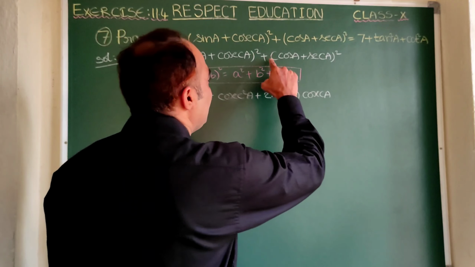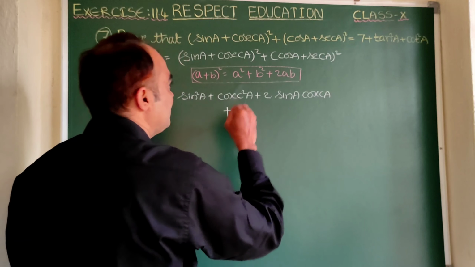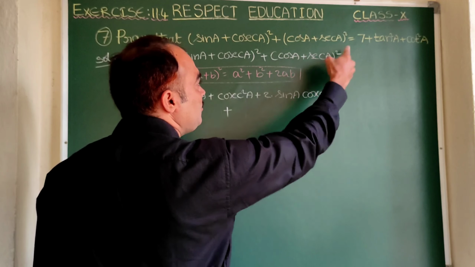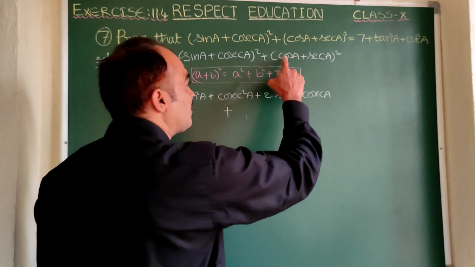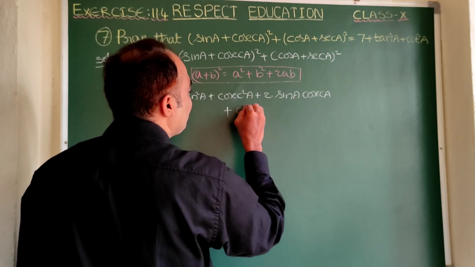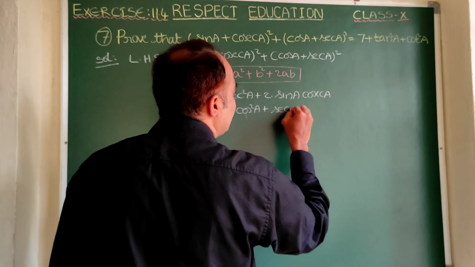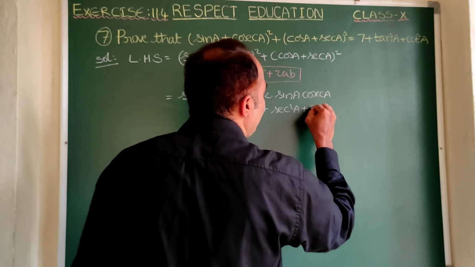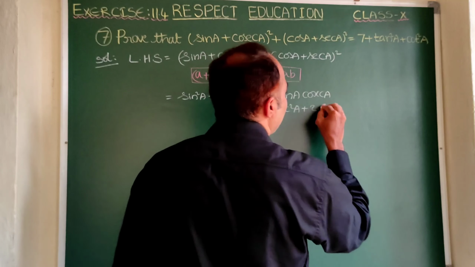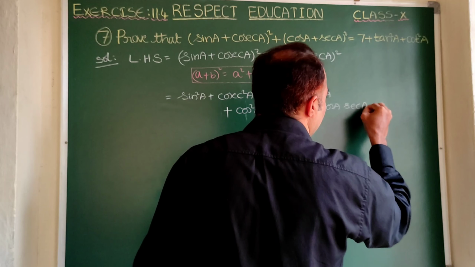In the same way, as I do not have place here, I am expanding here. Plus, this one is also (A plus B) whole square. In place of A, cos A, in place of B, secant A. Tell me now, A square is cos square A, plus B square secant square A, plus 2 into A into B, cos A into secant A.